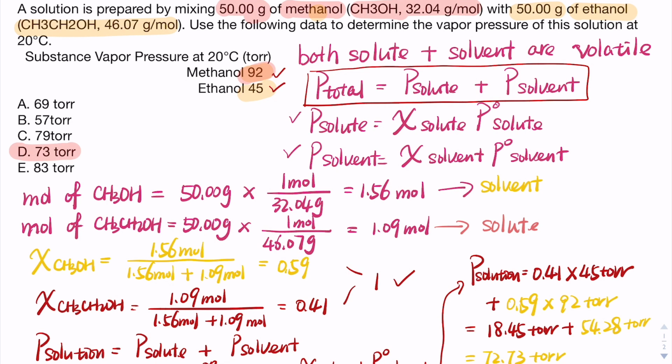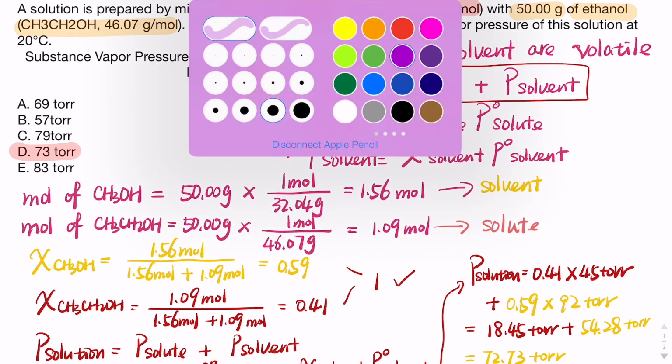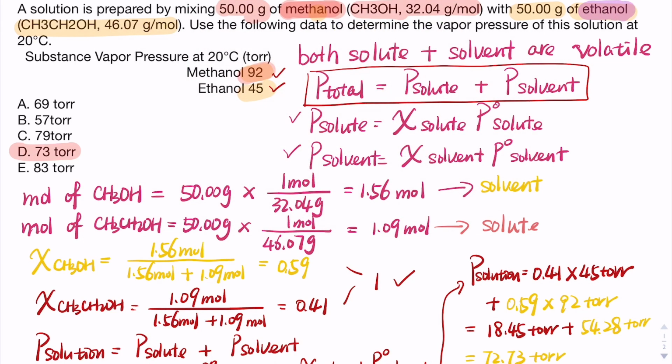This is how you do a calculation when both the solute and the solvent are volatile, and you need to use this equation. That's it for this video. Thank you for watching.